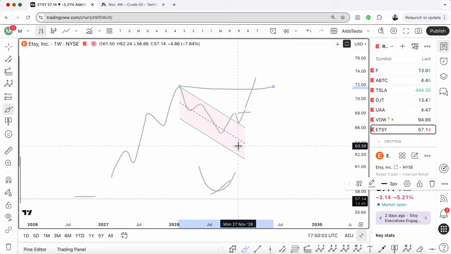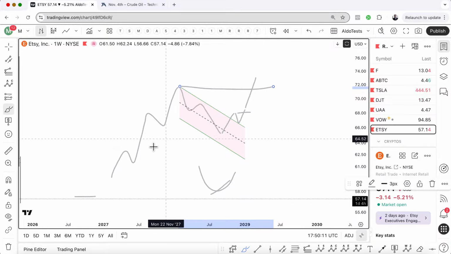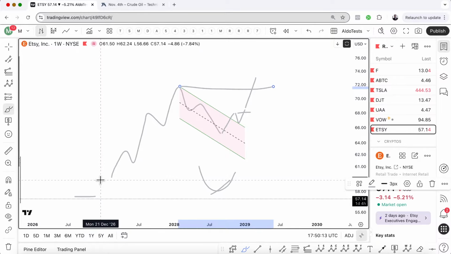And you can see such a simple setup, but it's really worth noting that the entire thing was based on 5 waves up, 3 waves down.